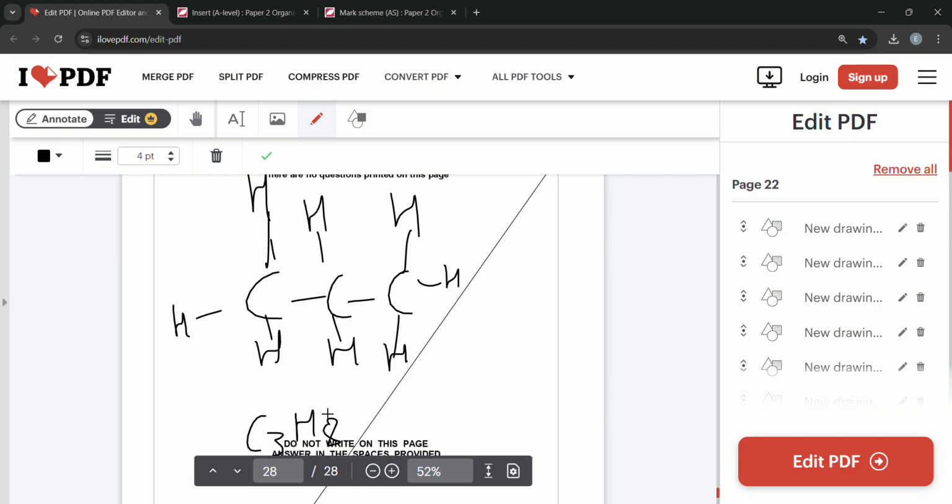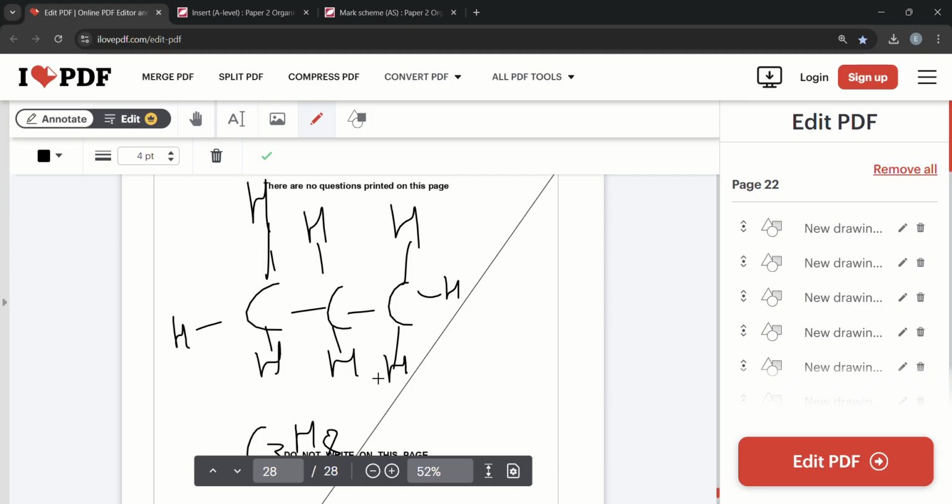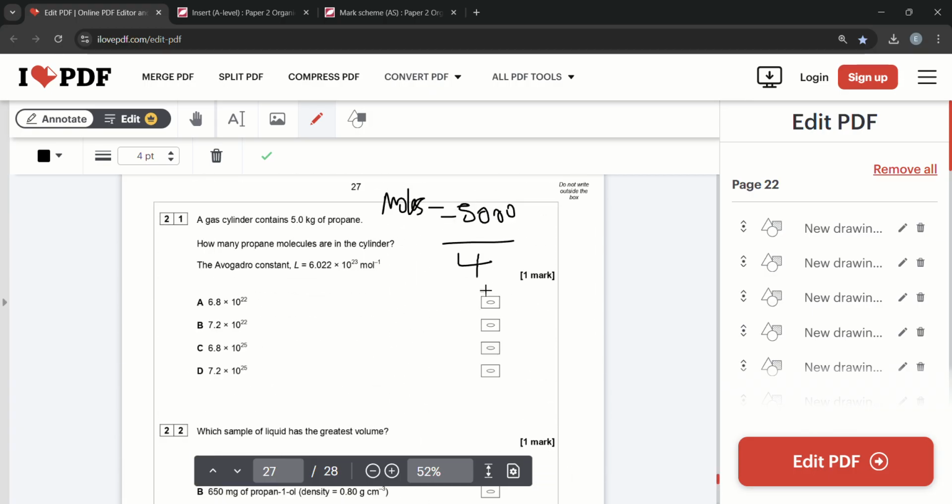So what's the MR of that? That's going to be 12 times 3 plus 8. It's going to be 44. And then we're going to times that by Avogadro's constant, 6.022 times 10 to the power 23. That gives .8 times 10 to the power 25.